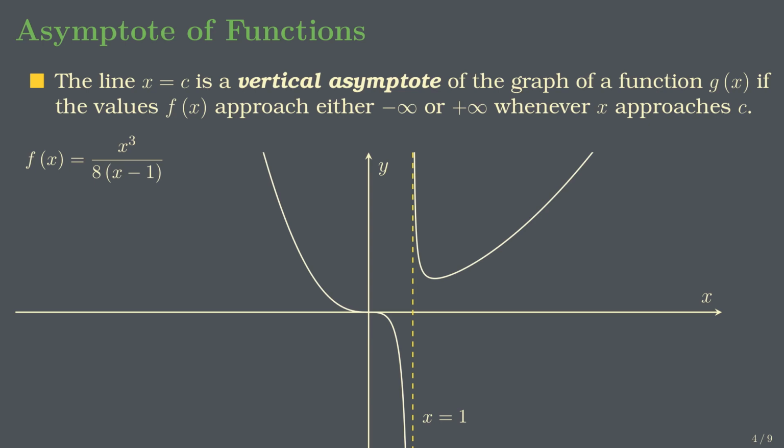So for x equal 1, when x gets closer and closer to 1, the value of f(x) goes either to minus infinity or plus infinity, depending on whether x approaches the line x equal 1 from the left or from the right.